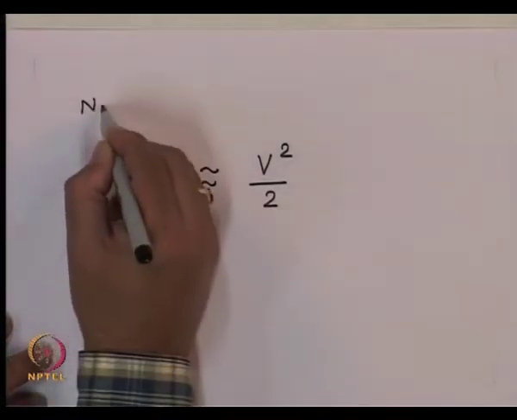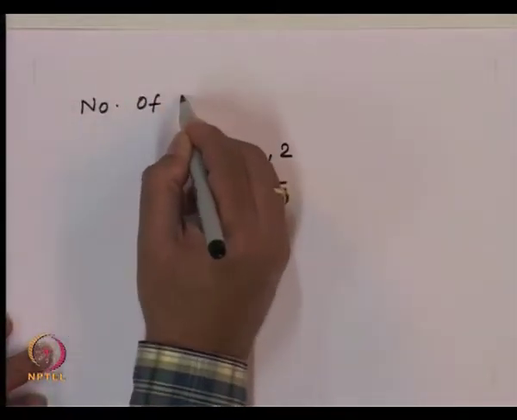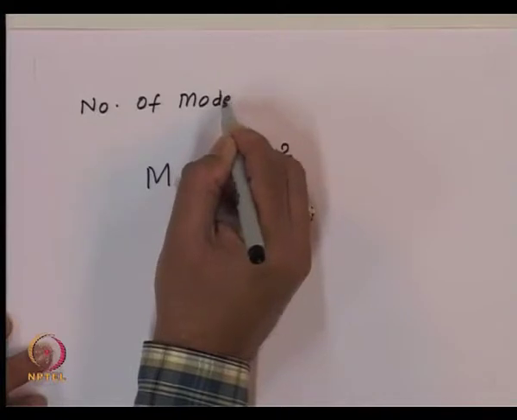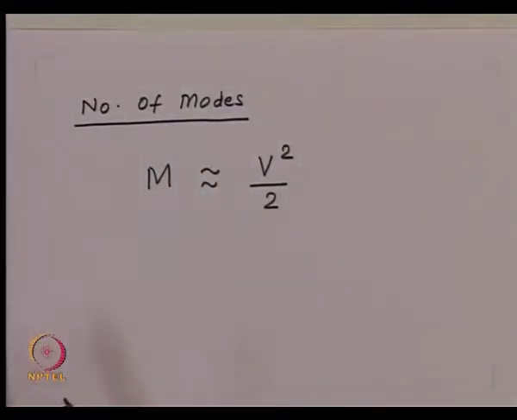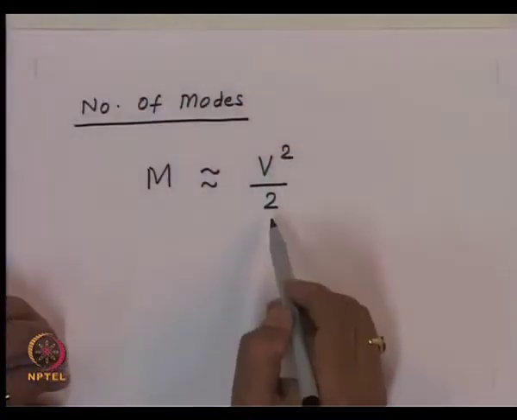This is number of modes. So, if I consider a multimode optical fiber, and if the V number is much greater than 1, then approximately the number of modes which will propagate, considering all these degeneracies which we talked about, will be approximately given by V square by 2.